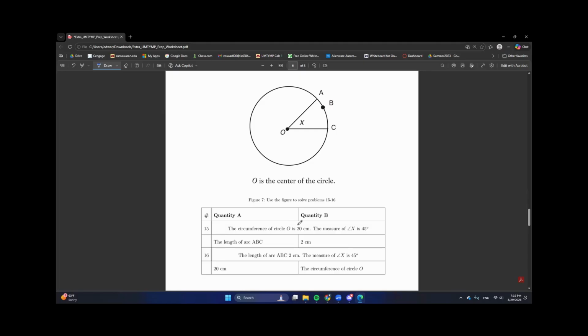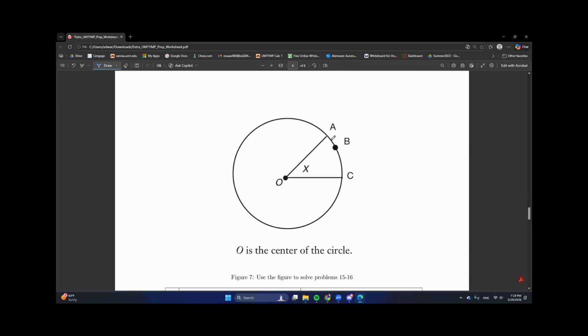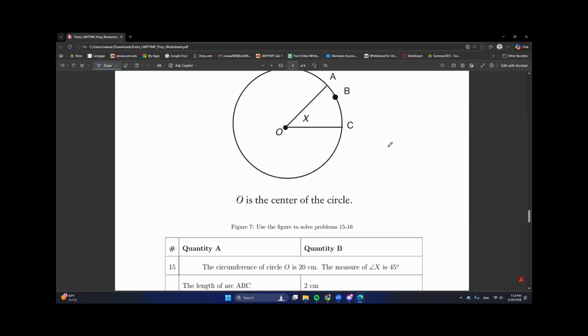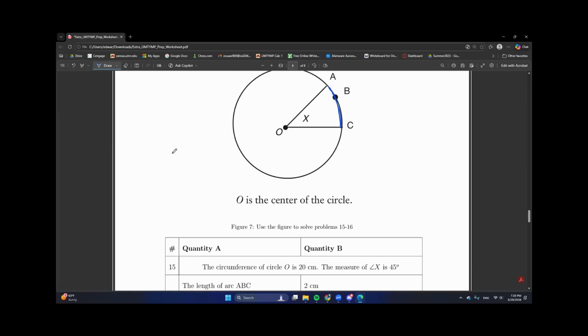So for question 15, we know the length of the circumference is 20 and the measure of angle X is 45 degrees. So to find the length of the arc ABC, we take what fraction of the circumference the arc is a part of. How do we find that fraction? Well, we use the angle here.